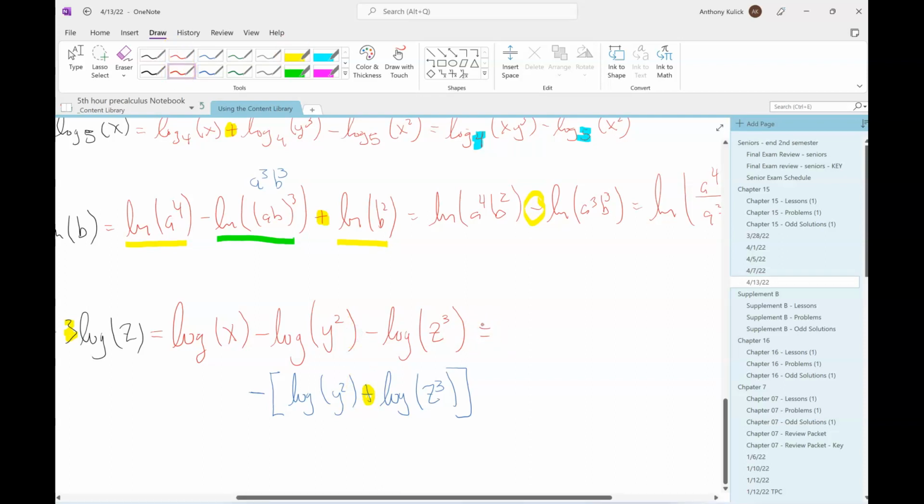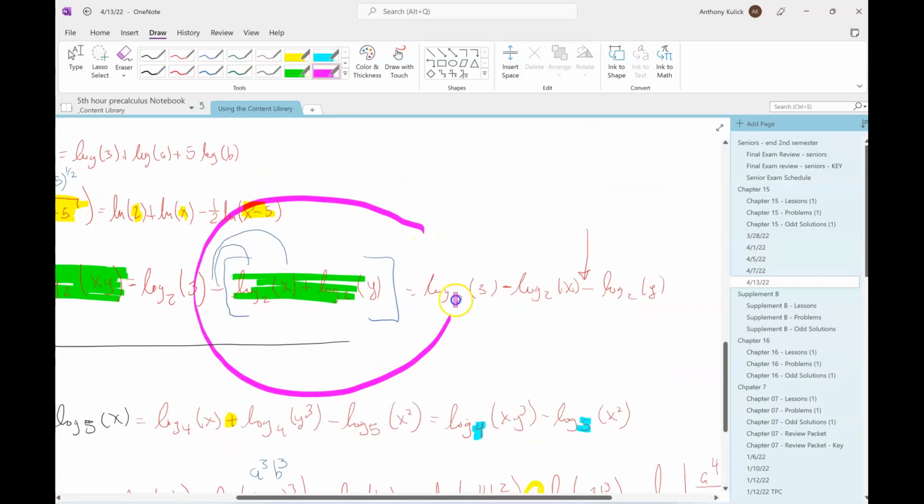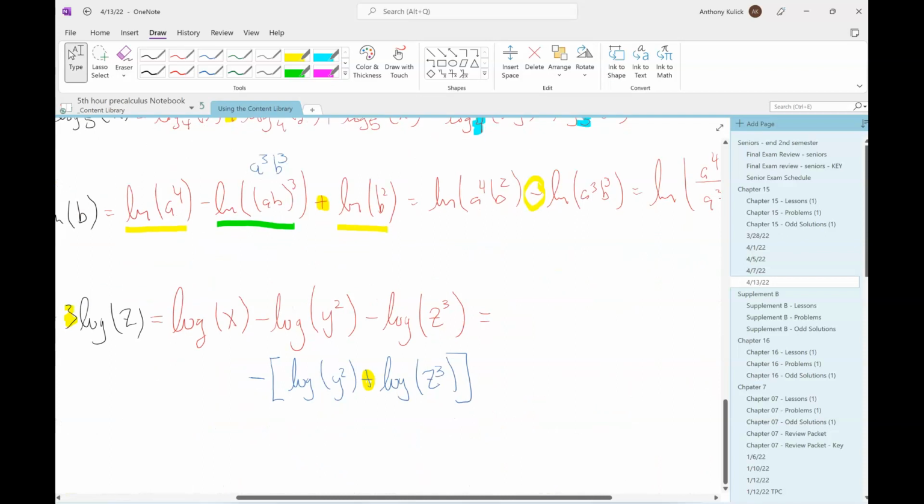What does this remind us of? Remember this problem back here where we had to distribute the negative? Condensing is the opposite of expanding, right? What's the opposite of distributing? Factoring. This is the exact same situation, just running backwards.